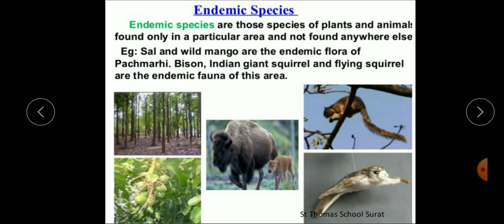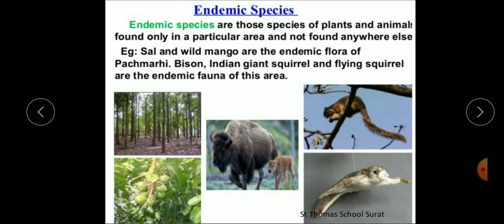It can be seen in a particular area only. Endemic species is one found naturally in an area. It is not artificial, it is found naturally in an area with notable restrictions on its overall distribution. Understood? So they are not naturally found anywhere else. They are unique to a particular space.